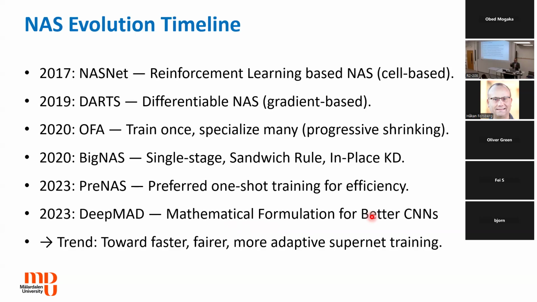You just use a mathematical formula and perform a search using a genetic algorithm, and its fitness function can provide you a good architecture for your task, which you can then train for whatever task you're working on. So one idea is to combine these DeepMAD ideas with OFA, and use DeepMAD as a proxy function for determining accuracies.